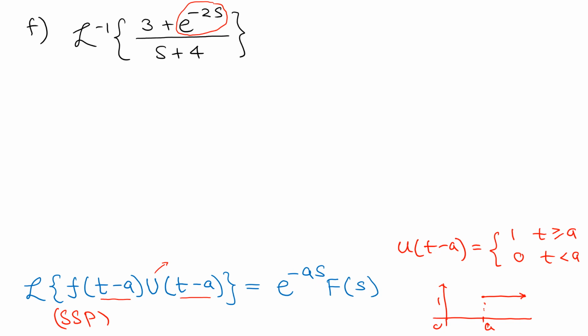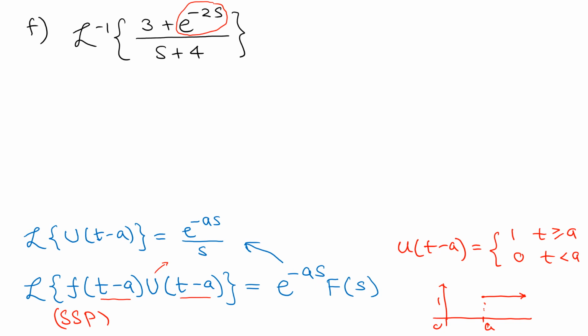It also has a really nice Laplace transform: the Laplace transform of u(t − a) is e^(−as)/s. You can get this from the result if you plug in f(t) = 1. So it's a result of the second shifting property.